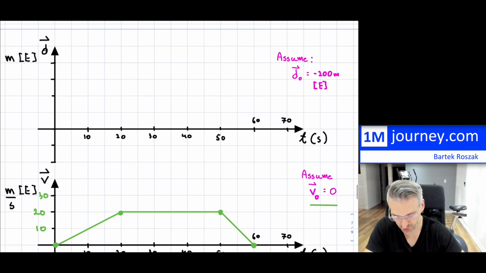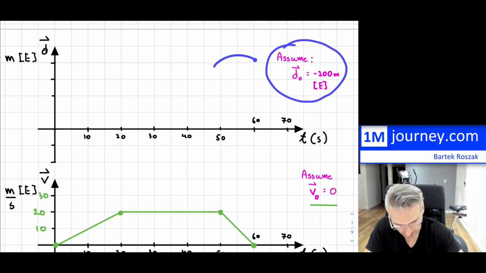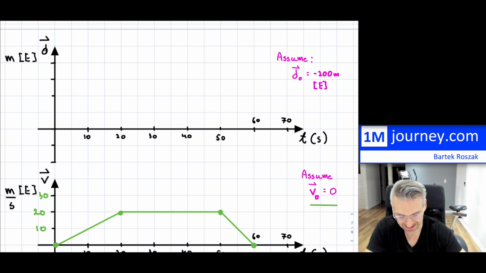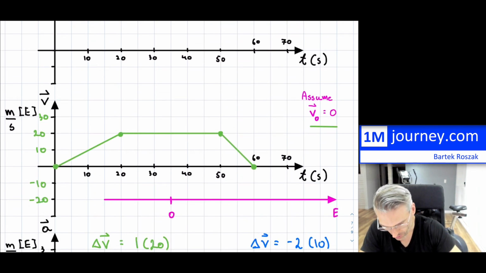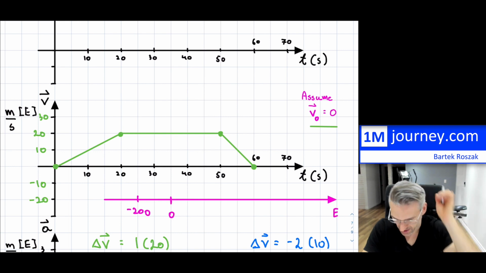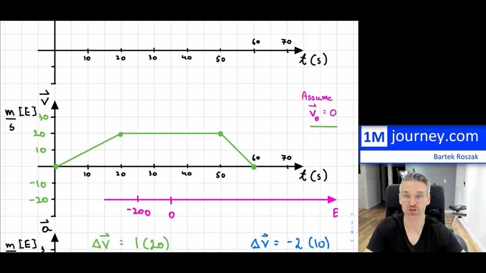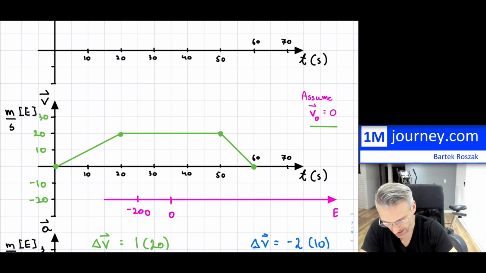Before I start drawing out this position, I'm going to begin from the assumption that I am starting off at time t equals 0 at minus 200 meters. Now, I don't know exactly where that is, but let's just say that minus 200 is here. So that's going to be right there. That's my initial position. And now, as I go from here to here, I have to find the areas under the curve. So I'm going to have 3 pieces.